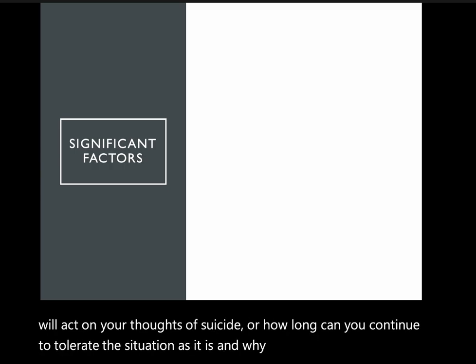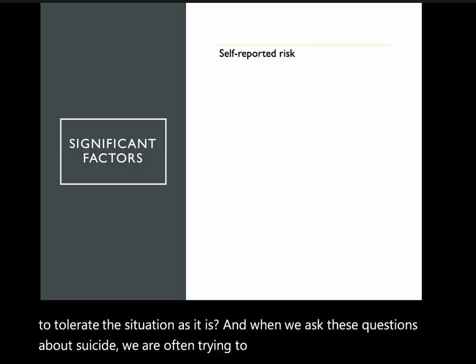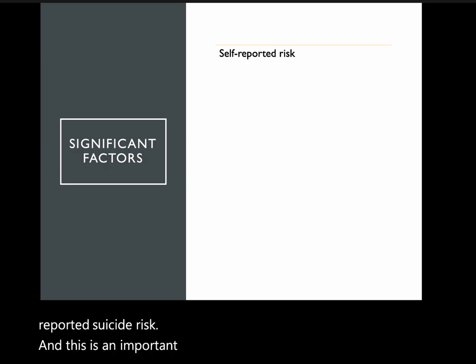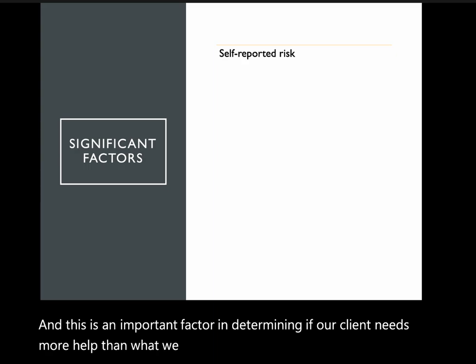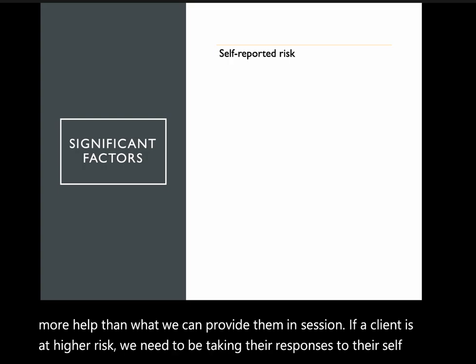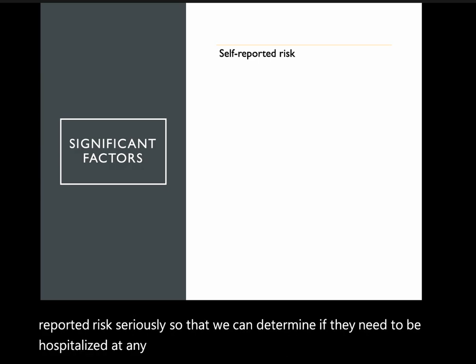And when we ask these questions about suicide, we are often trying to generate the client's self-reported suicide risk. And this is an important factor in determining if our client needs more help than what we can provide them in session. If a client is at higher risk, we need to be taking their responses to their self-reported risk seriously so that we can determine if they need to be hospitalized at any point.